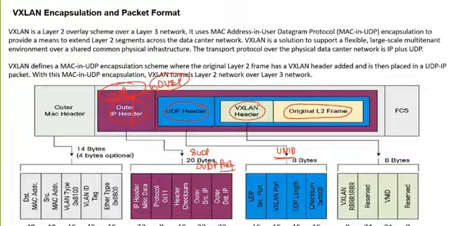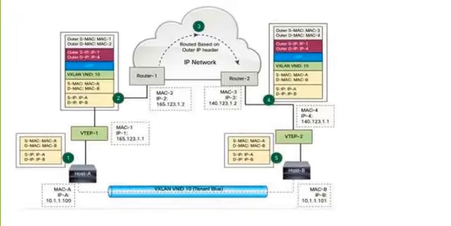Now, let's see how the packet flows. Suppose this is your host A, whose MAC address is A and IP is 10.10.10.100. Your destination is B, whose IP is 10.10.10.101.